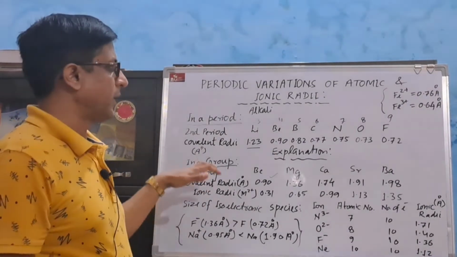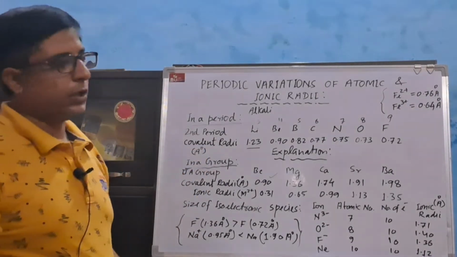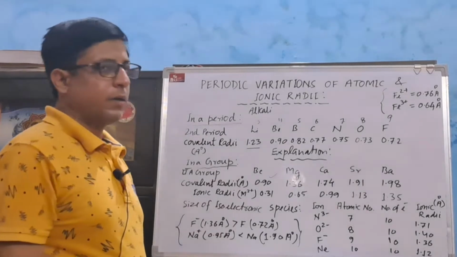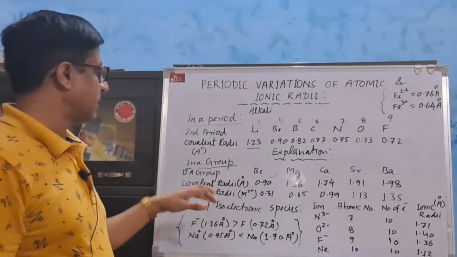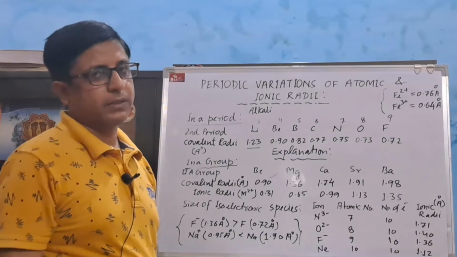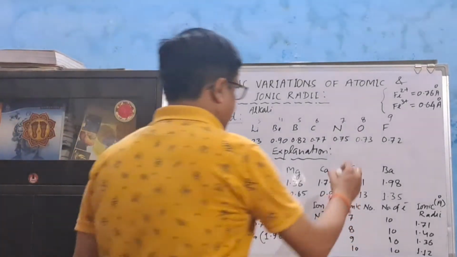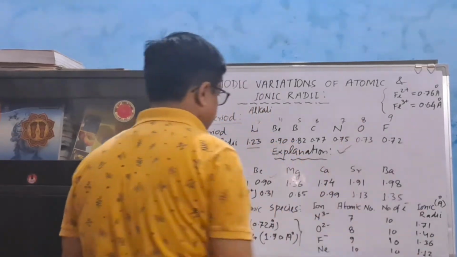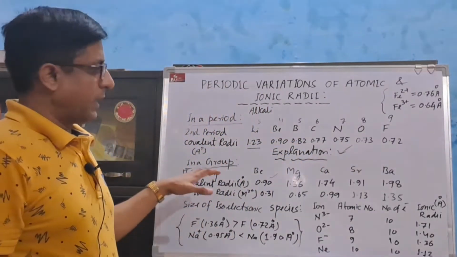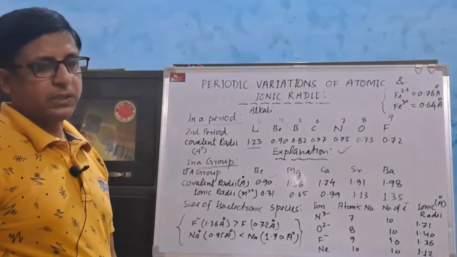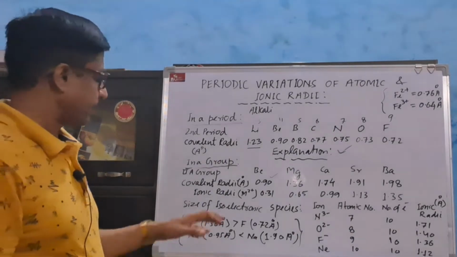Thus, we see that when we move from top to bottom in a group in the periodic table, the size of atoms or ions increases. Now, how can we explain these variations? This can be explained on the basis of two forces.